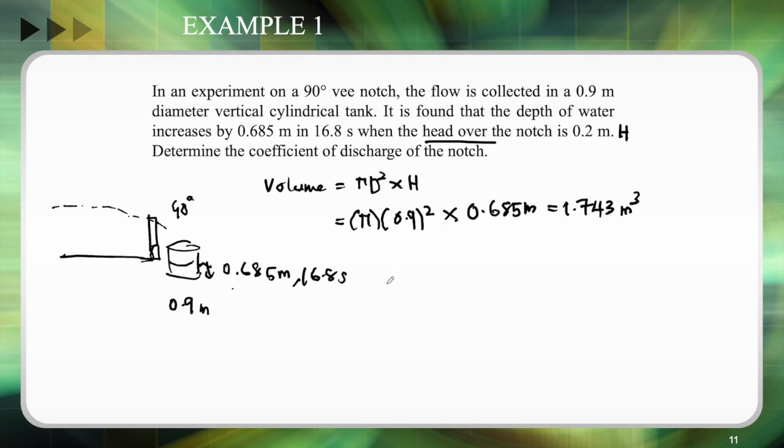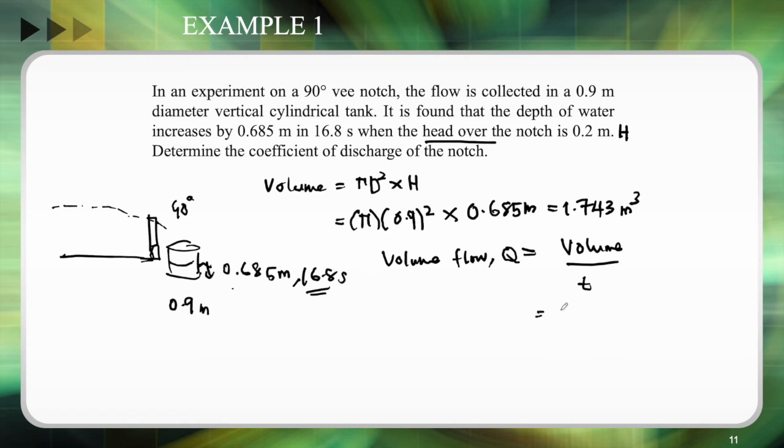Now from the volume, we can calculate the volumetric flow rate, the actual discharge of this water, because we have been given how long it takes for the water to fill to 0.685 meter. The volume flow or discharge rate, I will put as Q. We divide the volume by the time taken.